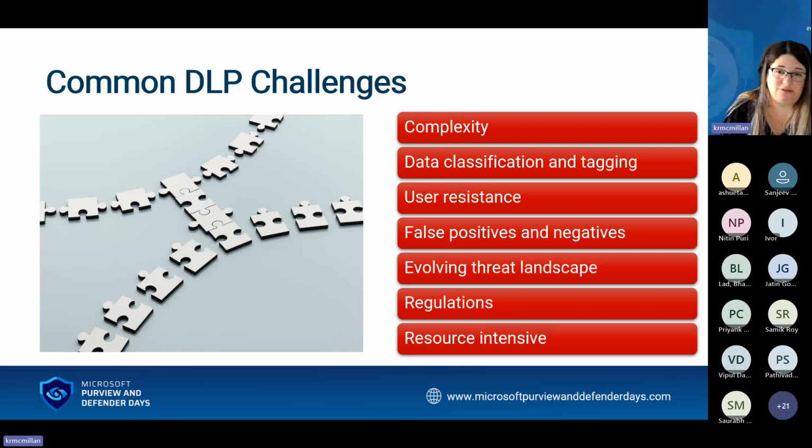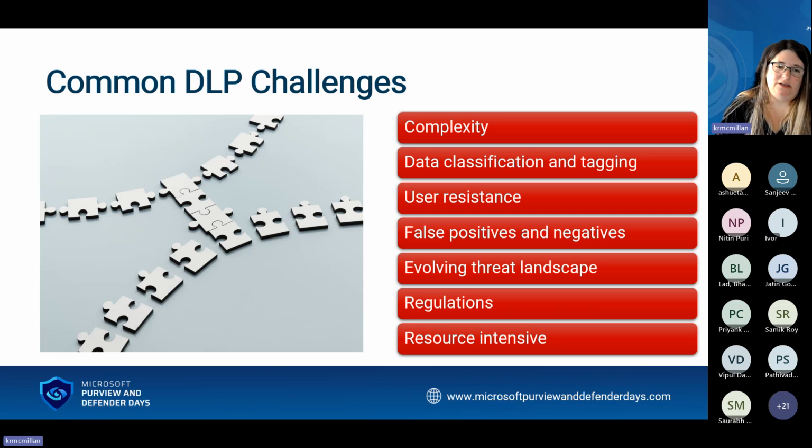And that's what leads to the user resistance as well. If something's complex, difficult to classify, difficult to tag, then the user is going to be resistant to it because it's hard. People don't want to have to jump through hoops to be able to do their jobs at the end of the day.